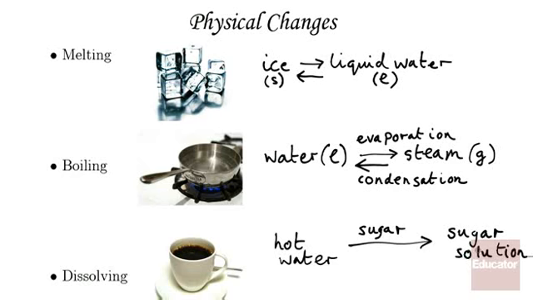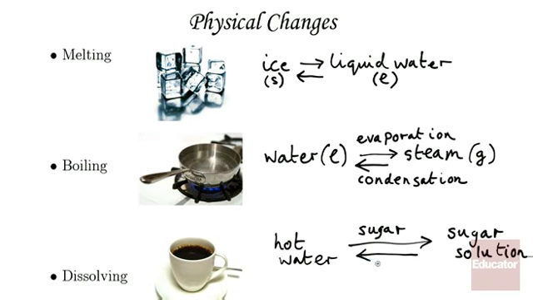The process of solution can be reversed also, but that's a somewhat more complicated reversal. We have to take the solution and heat it and boil off the water in order to recover the sugar. But it can be recovered completely and quantitatively from the sugar solution by a simple physical process, namely boiling.